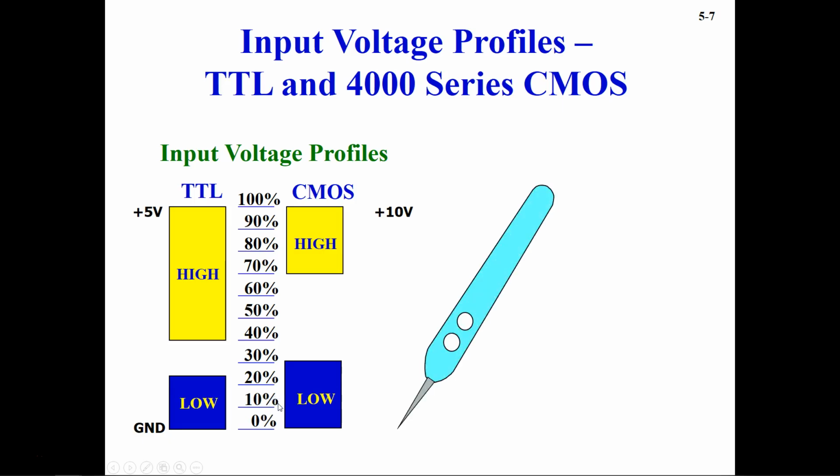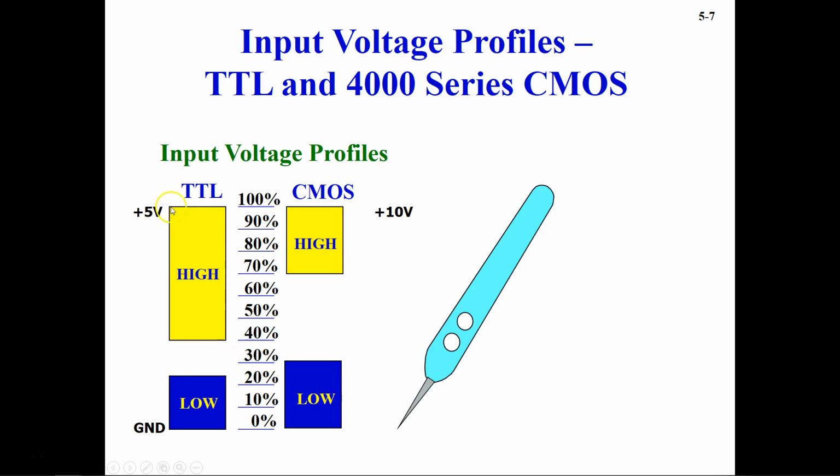So now let's see input voltage profiles, TTL and 400 series CMOS. Here two comparisons have been made, one for TTL, another for CMOS. You can see this is the range for the input voltage profile for TTL.